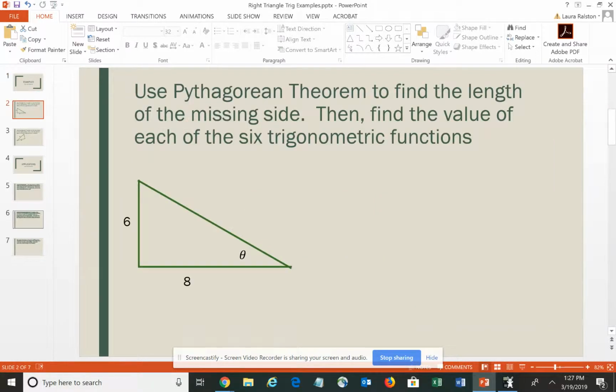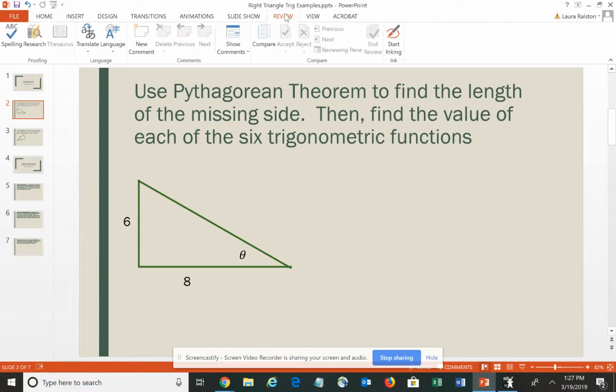The instructions would read: use Pythagorean theorem to find the length of the missing side, then find the value of the 6 trigonometric functions. And the intent of this particular type problem is really just to get you familiar with those 6 basic trigonometric functions. But in order to do that, we need to know the third side of our triangle.